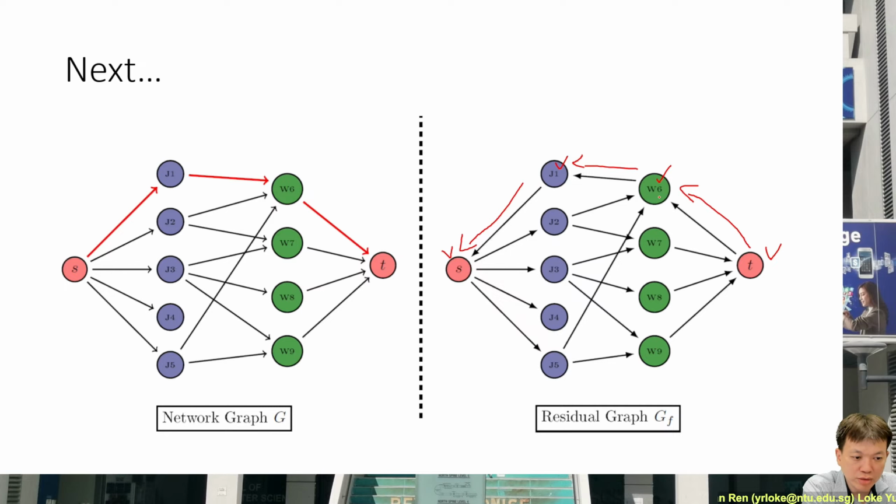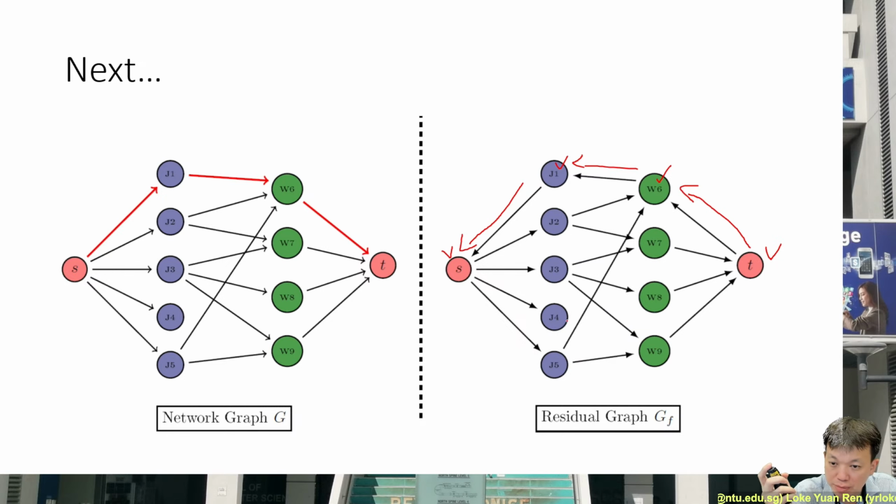The residue graph plays the role of holding the information about the remaining matchable paths you can have. So I still have a few more options. Maybe J2 can do W6, W7, J3 can go to W7, W8, W9.